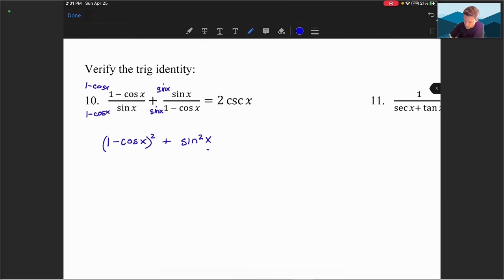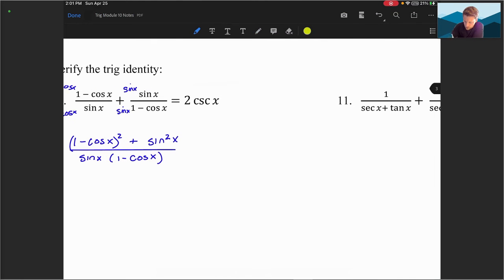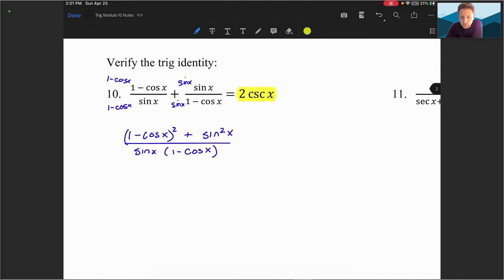And then this will be over one single common denominator. We'll call this just sine of x times 1 minus cosine of x. And again, I'm going to leave this left side here, and I'm going to try to replicate it with what I have started here.